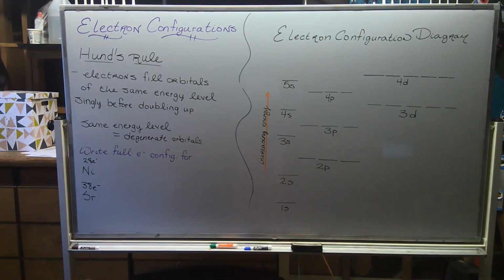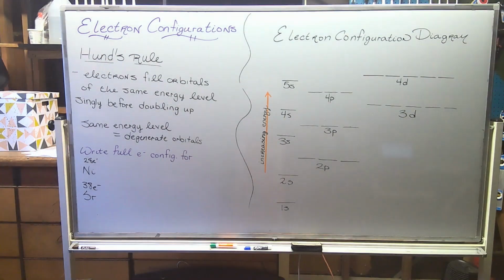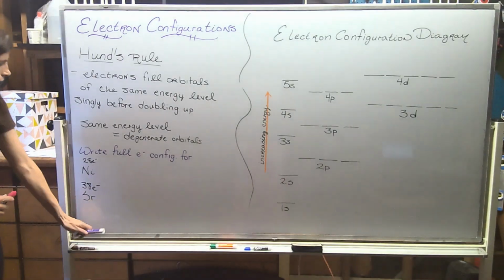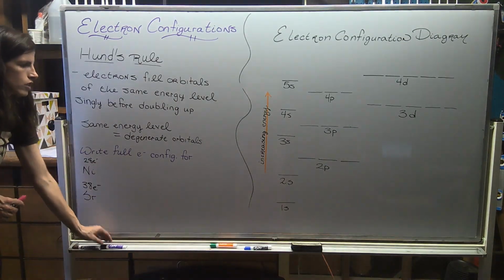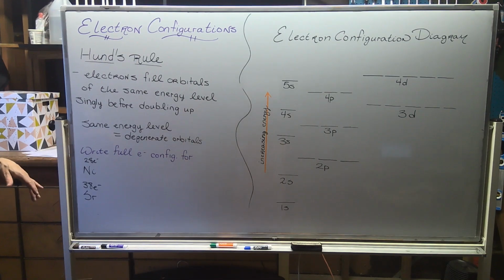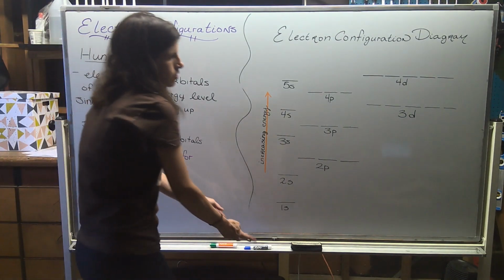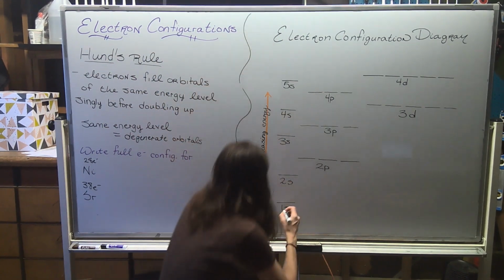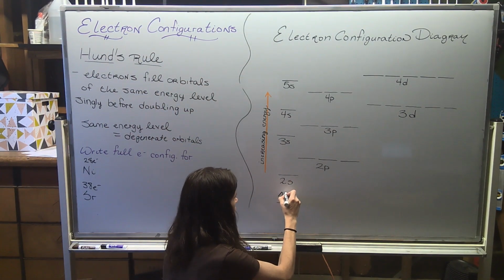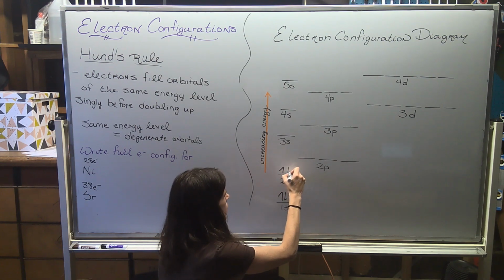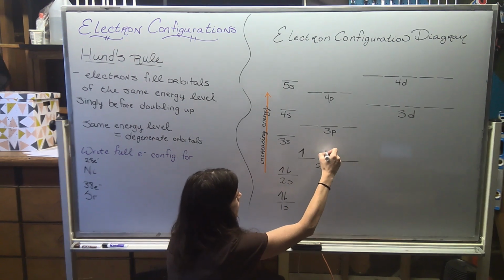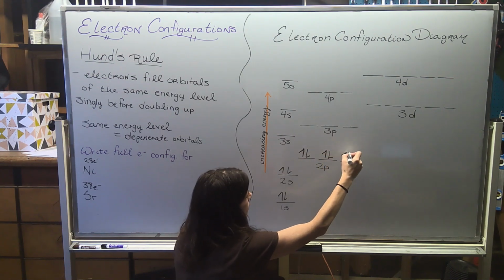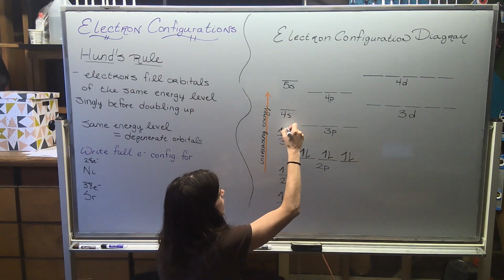So let's just see a couple more examples, and see where Hund's rule might apply. So nickel, now we have something with 28 electrons, and we're asked to write a full electron configuration. So I'm going to start with the Aufbau principle, right, top to bottom, and do all 28. So 1, 2, 3, 4, 5, 6, 7, 8, 9, 10, 11, 12.